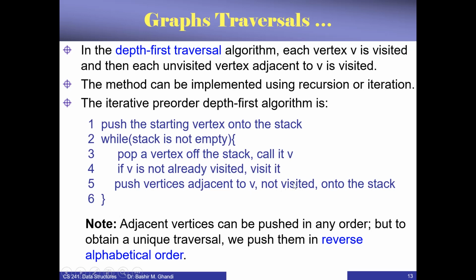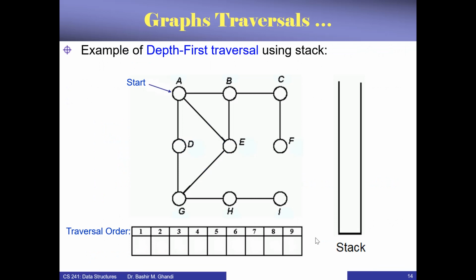If the vertices adjacent to A, for example, are C and D, then we push D first before we push C. The reason is that when we pop, C should come out first. We will see this in a moment with this example.